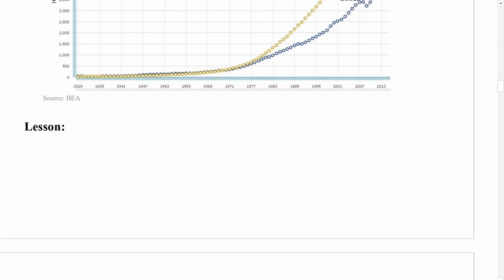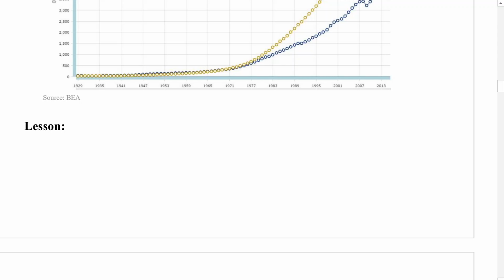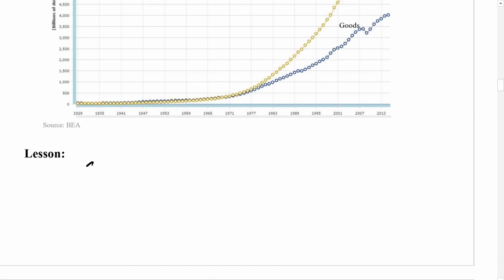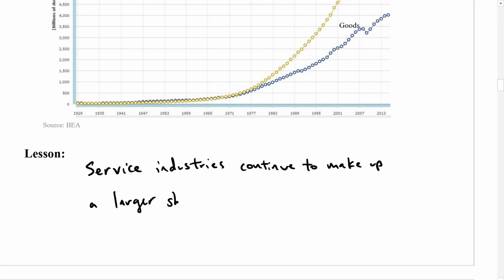And the lesson here is that service industries continue to make up a larger share of consumption and GDP over time. Okay, that's it for that graph.